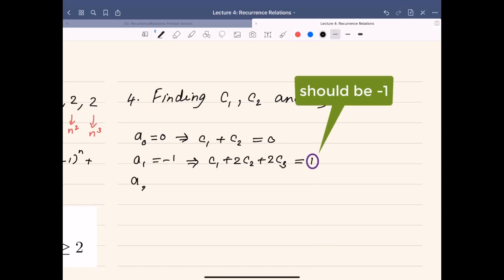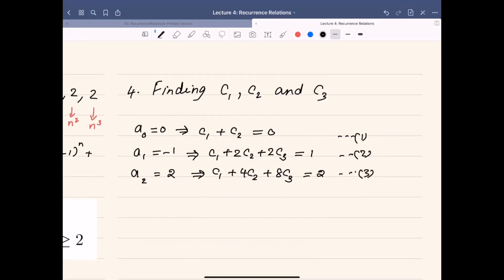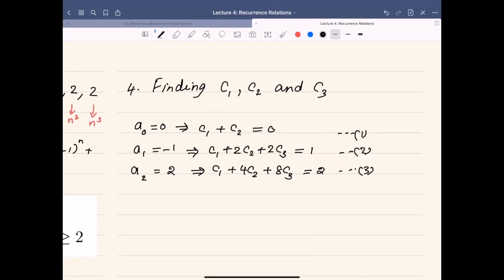And for a_2 is equal to 2, we will have C1 plus 4C2 plus 8C3, which is equal to 2. So we have 3 equations with 3 constants. Again, how did we find these equations? By substituting into the general solution the values of n, first is 0, 1, and 2.